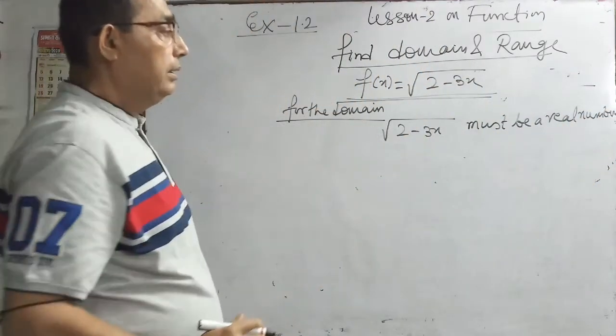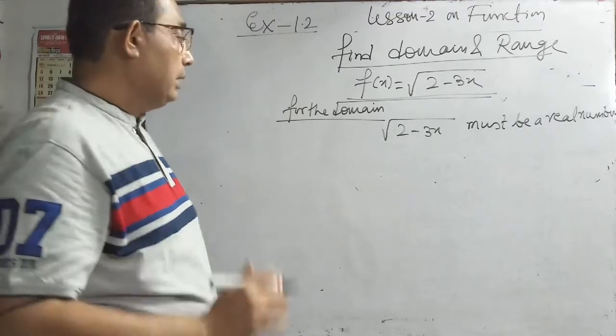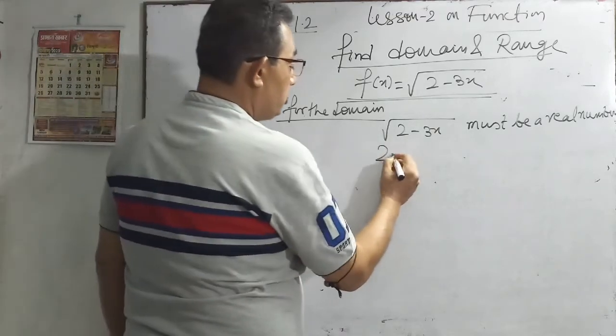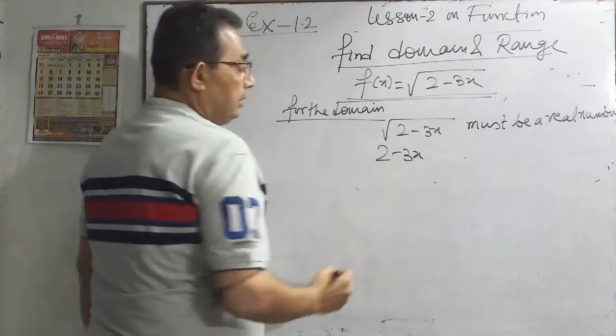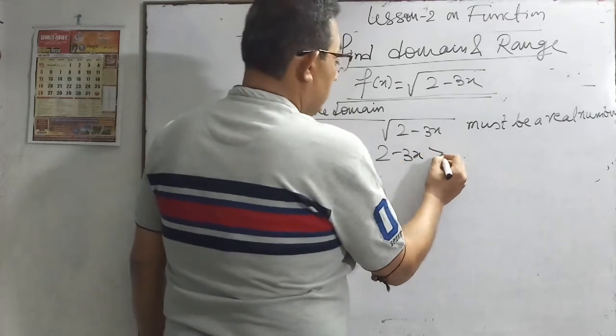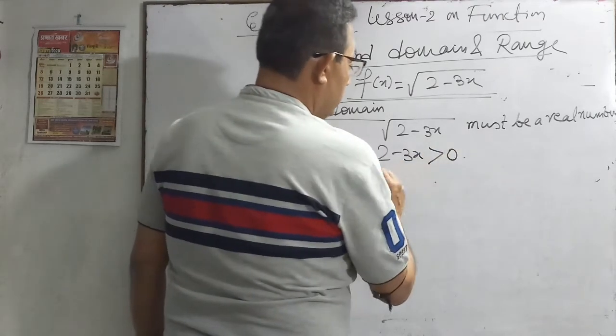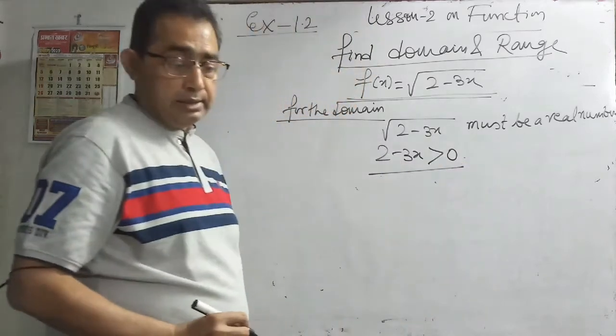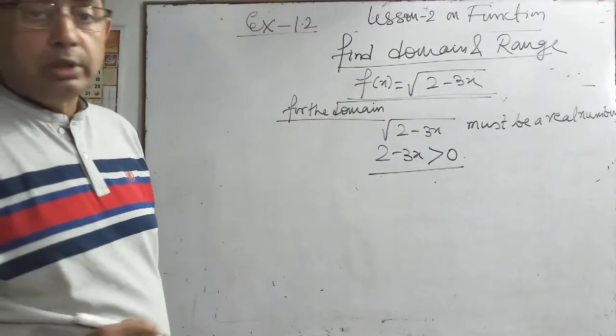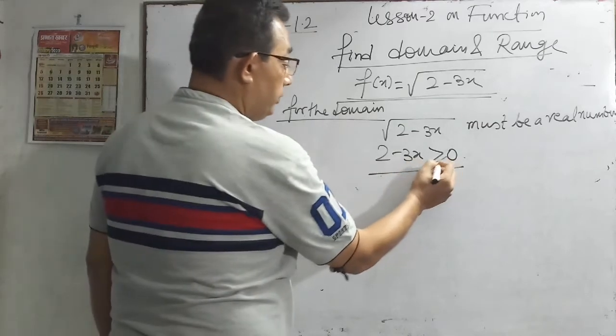Clear? That means 2 − 3x is greater than or equal to 0.